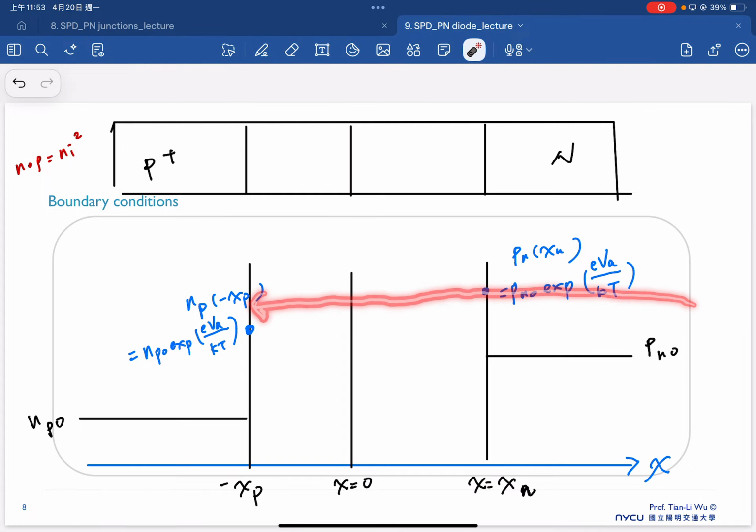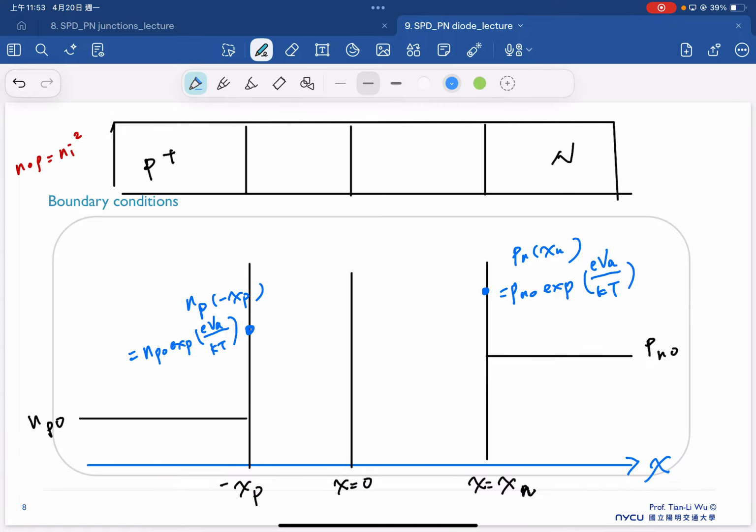This minority carrier will exceed the background doping, so that's considered an excess minority carrier, which is here. This is the excess minority.